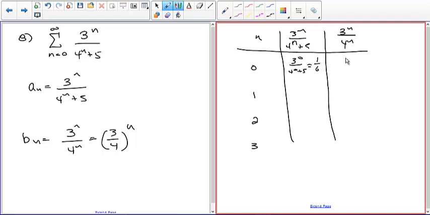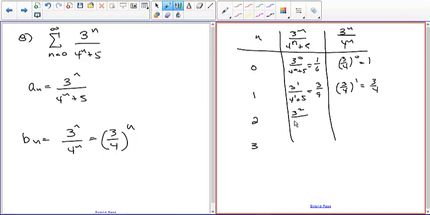And here we'd have 3/4 to the 0, which would be 1. So 1/6 is less than 1. And then we do 3 to the first power divided by 4 to the first power plus 5. So that's going to be 3 over 9, which is 1/3. And if we take this, we get 3 over 4 raised to the first power, which is 3/4. So that's still true.